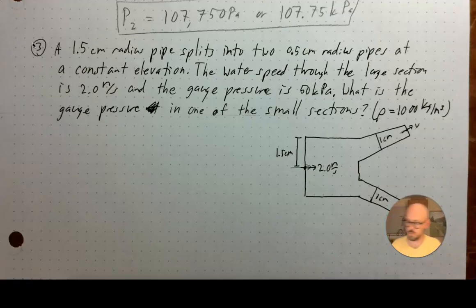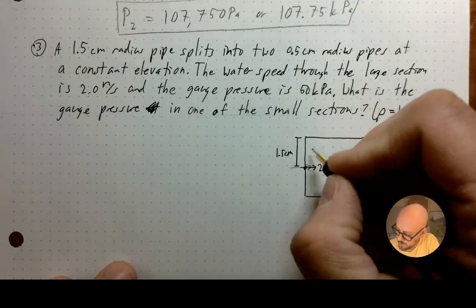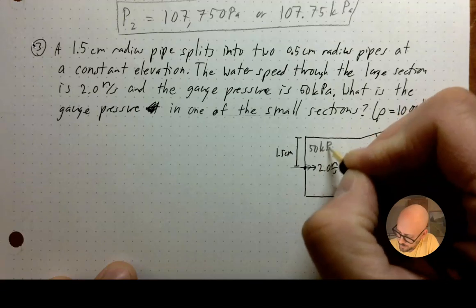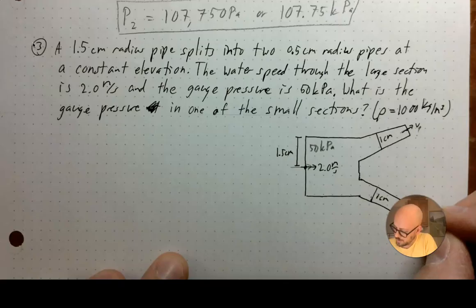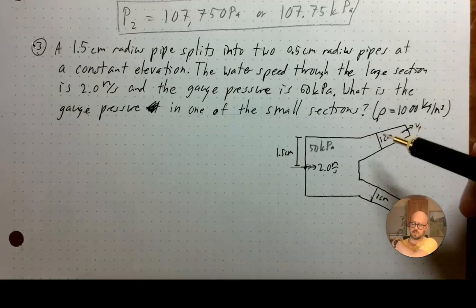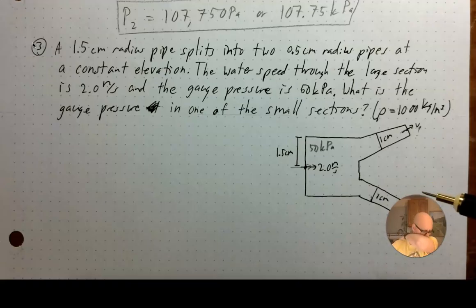And so the question is, what is the gauge pressure in one of the small sections? So it's 50 kilopascals here, and then we're wondering what it is there. Now, because these two pipes essentially have the same conditions, the pressure is going to be the same in them. So I'm not going to need to worry about separate pressures.